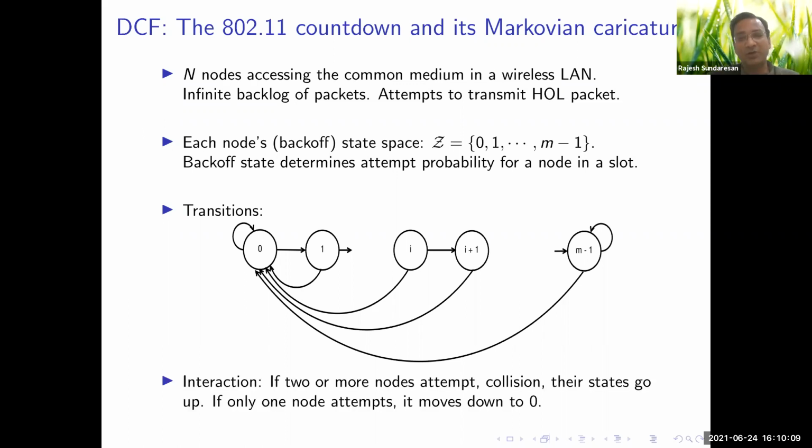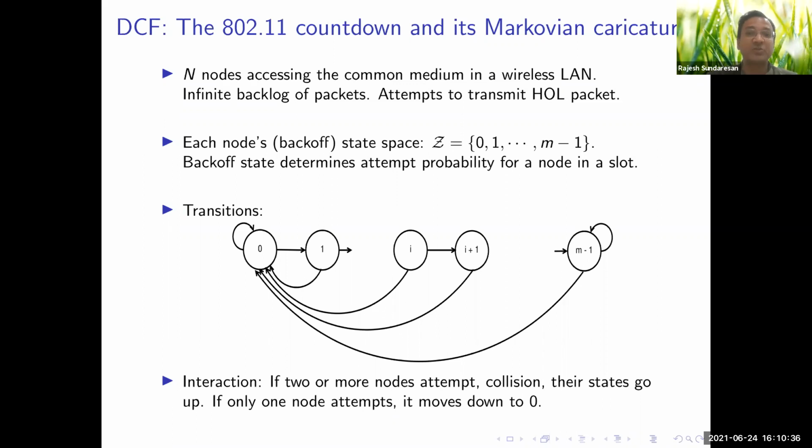Now, how do we go up to the next higher state, or how do we succeed? That's where the interaction between the nodes comes in. The interaction is as follows. If in a slot 2 nodes simultaneously attempt to transmit, then they're both accessing the medium. There isn't enough signal to noise ratio, that's what we call it, to capture the packet. And therefore, there is a collision, and this particular packet remains in the queue.